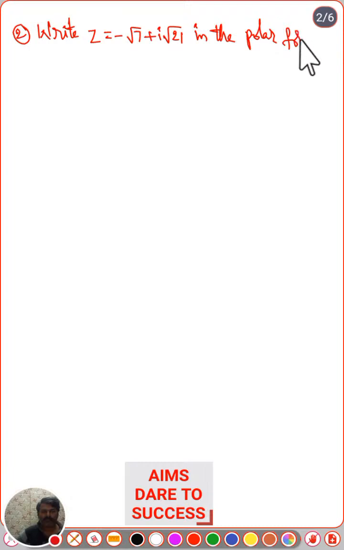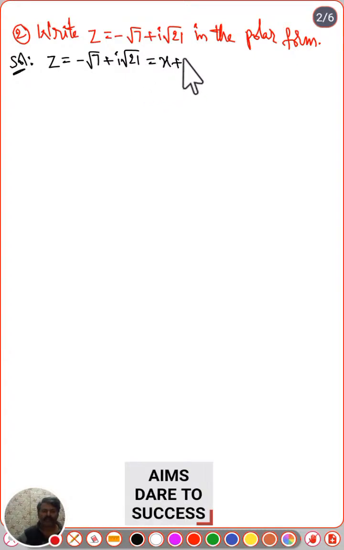Modulus amplitude form or polar form, both are the same. Okay, my dears, I hope you all are getting my voice clearly. And given z is equal to minus root 7 plus i into root 21. This looks like x plus iy. Here x is equal to the real part, minus root 7. y is equal to the imaginary part, root 21.